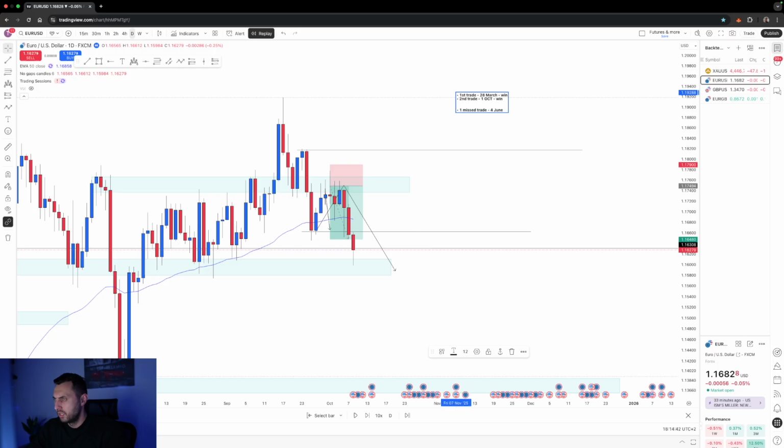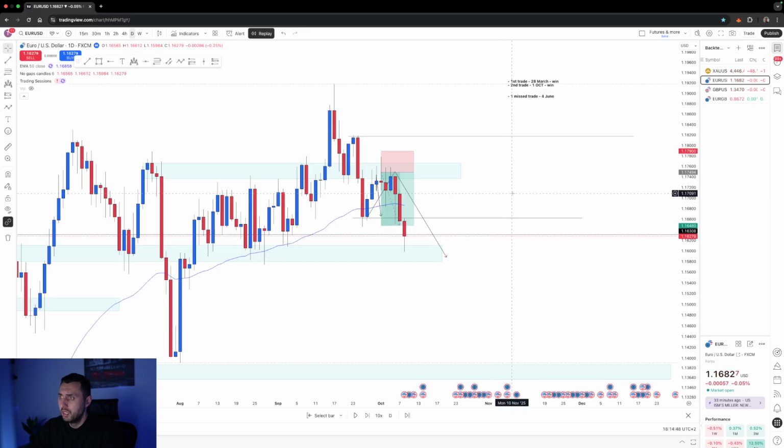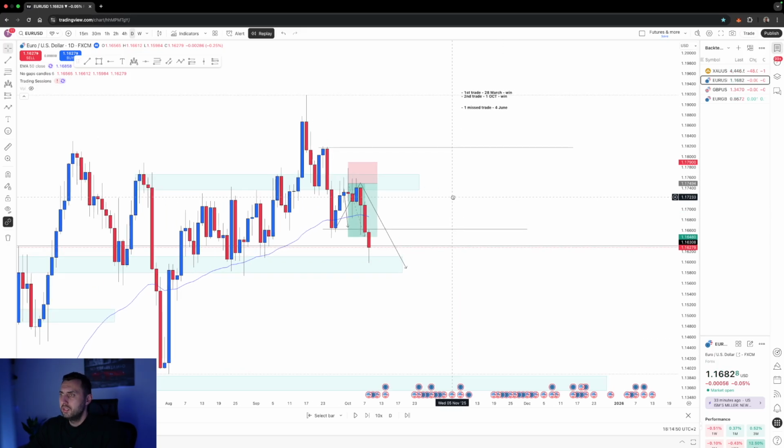I will not write 2.5 or 1 to 2. It doesn't really matter. It's a win. So this is the second trade and we are in October. I think this was the trade that I took this year. I'm not 100% sure, but I know it was a counter trend trade.